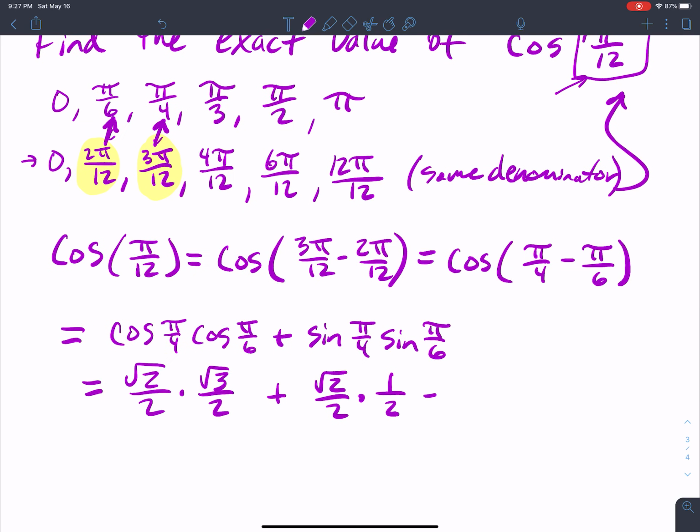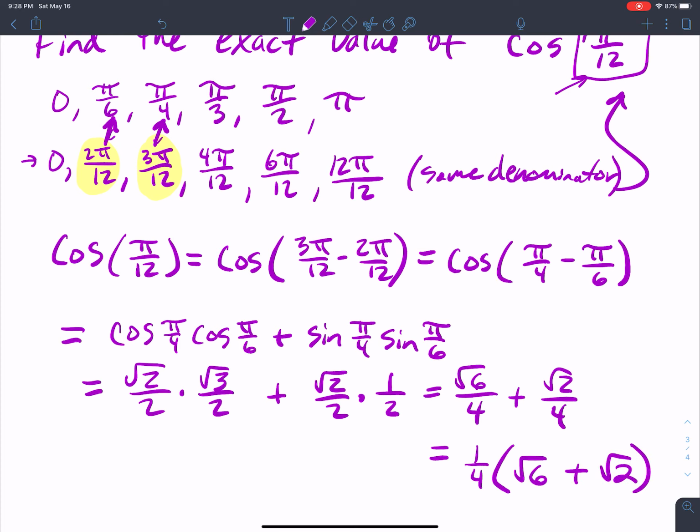When I multiply this out, I get square root 6 over 4 plus square root 2 over 4. And so literally the only thing different between this problem and the one before is instead of a subtraction, I have an addition. And that is the exact answer.